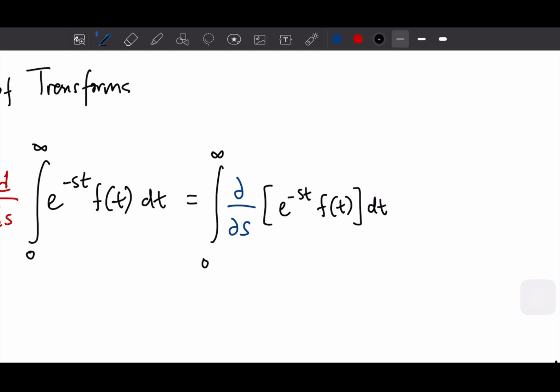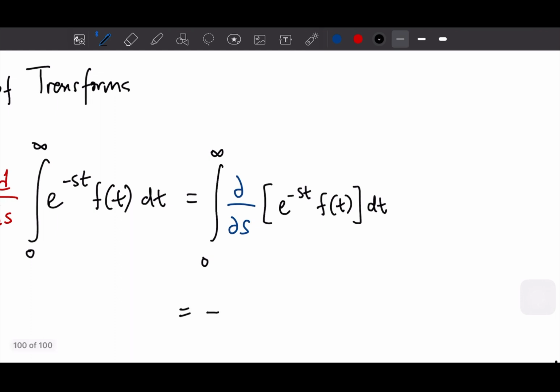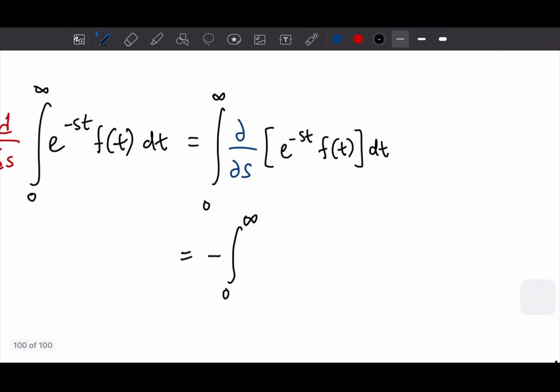We will have negative e to the power of negative st. Okay, and what is this actually, if you remember?